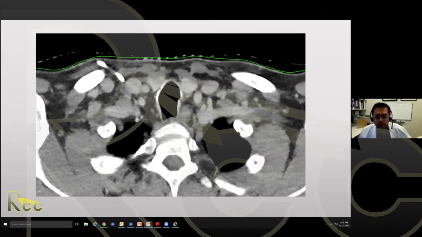All right, so let's look at this scan here. So now, this is the sternocleidomastoid muscle. Okay, it's moved all the way medial and anterior. So just be mindful that it is not going to be located down here on the side.